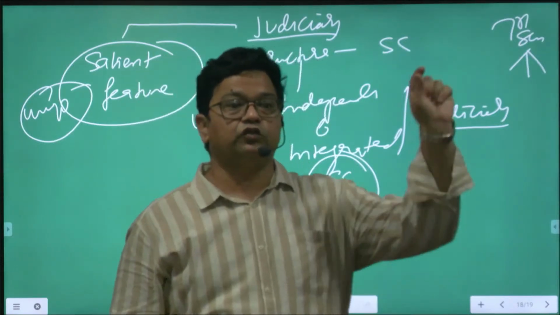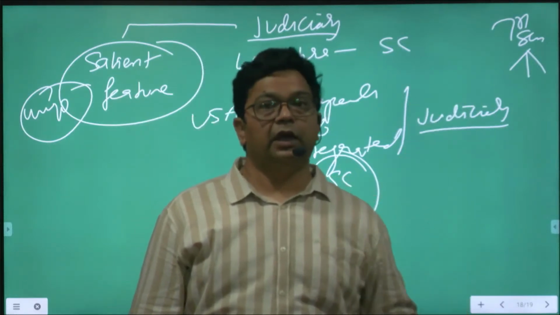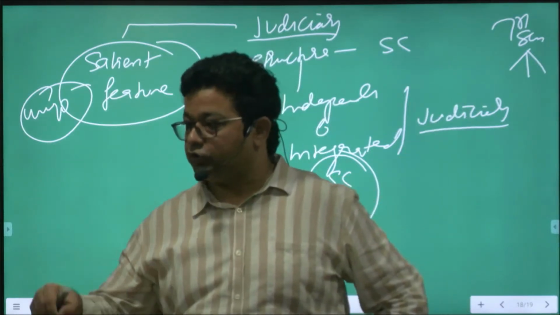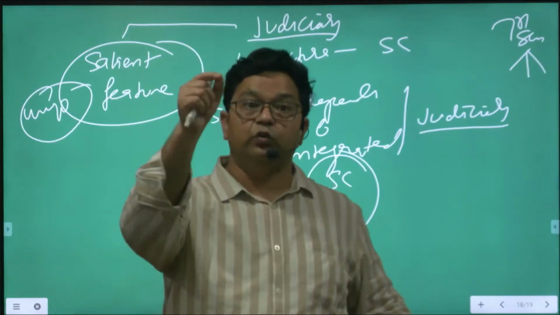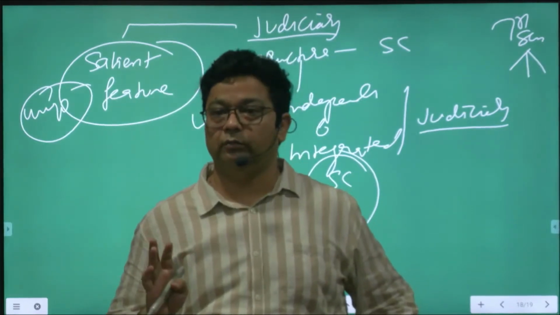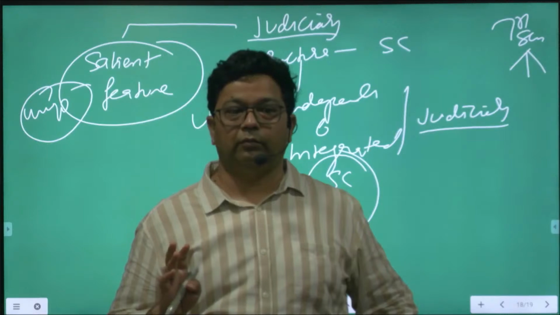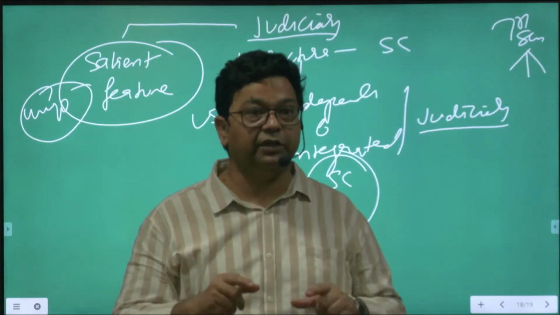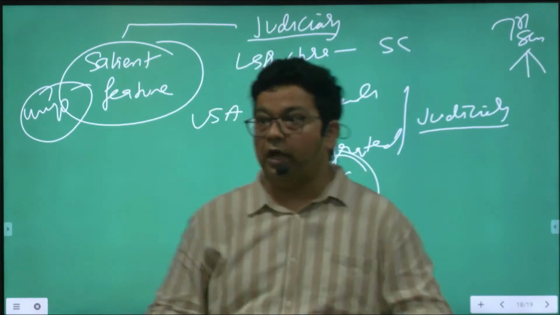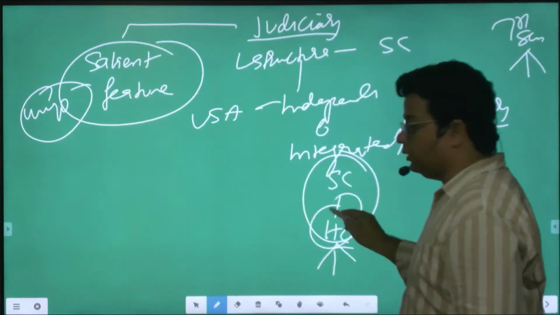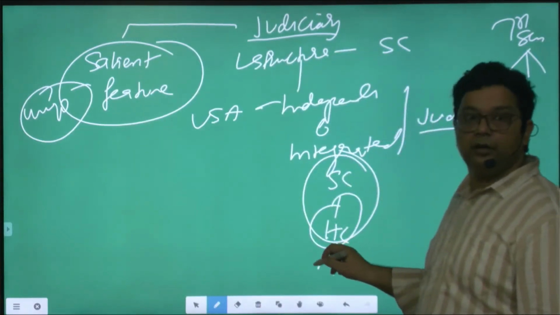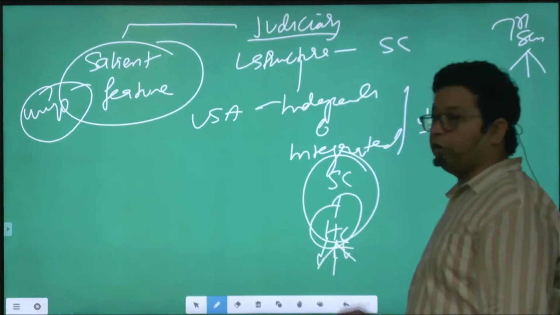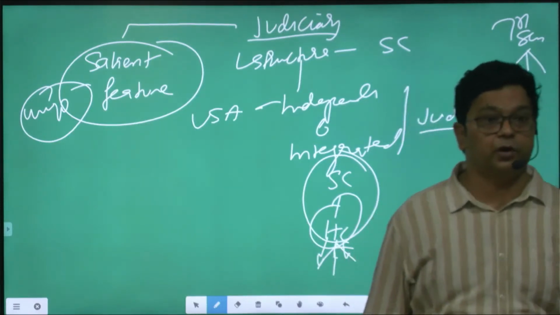It means the Supreme Court at the same time can call unconstitutional even the union and state law. It is integrated, meaning all are linked, and the High Court controls and supervises the subordinate court.